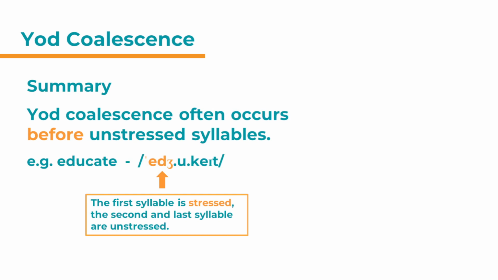Or the other word we had before, educate. The J that formed from the D and the Y that were in separate syllables before has now joined the first syllable, and that is a stressed syllable, edge. And then we have educate, and those syllables are unstressed. Educate.